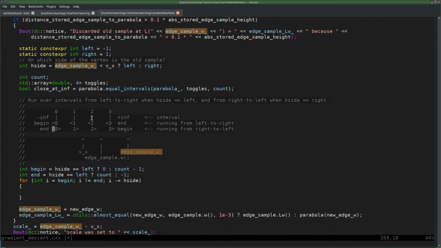I need to find the interval, I think, in the direction of the vertex, that is valid starting from the edge sample. But what if that is plus infinity already? Oh, then it is plus infinity.